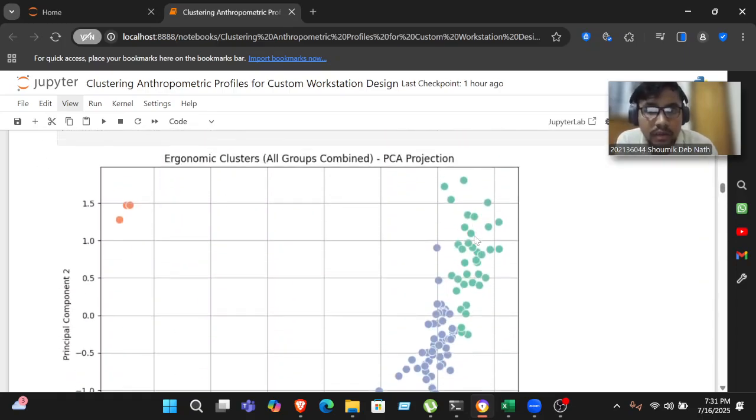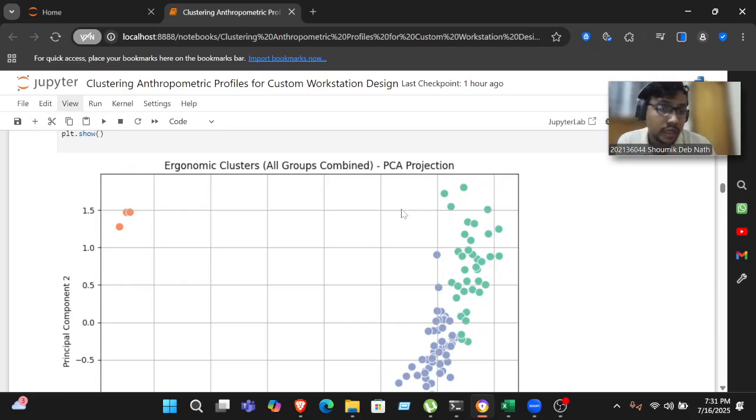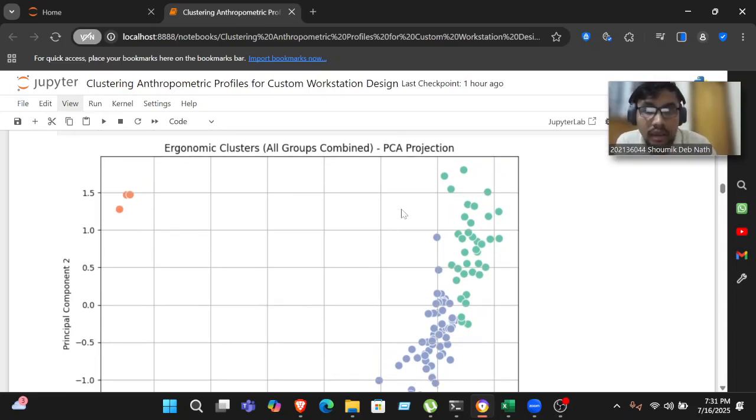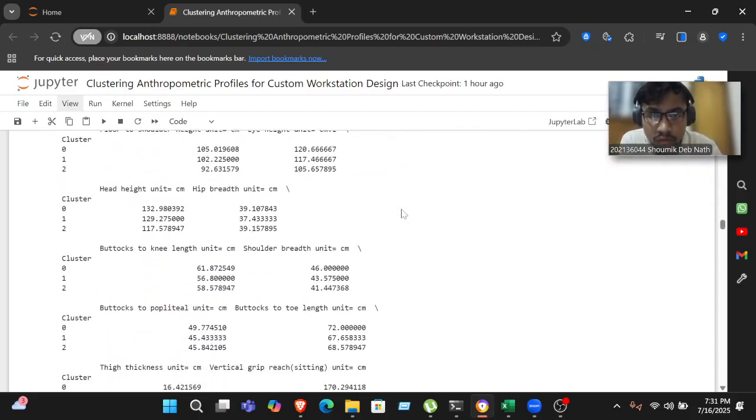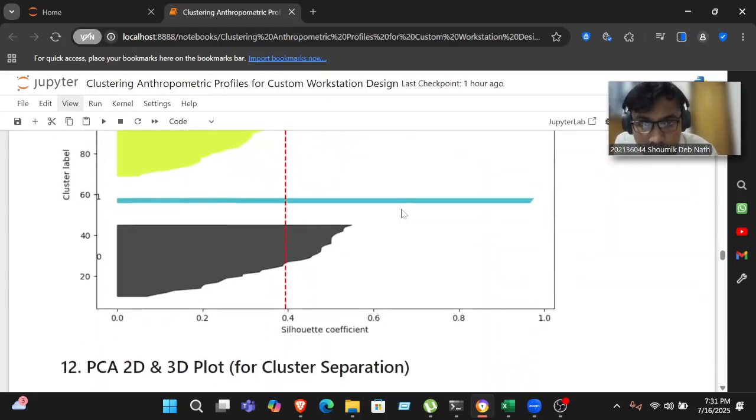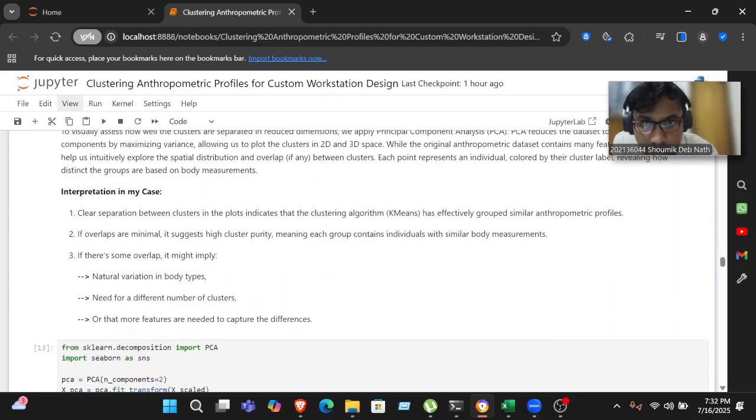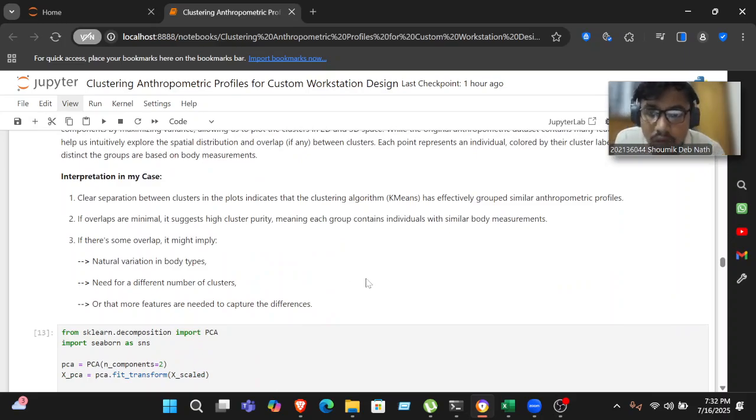As you can see in this PCA projection, if the clusters overlap in a minimal range, it suggests high cluster purity. And what does high cluster purity mean?